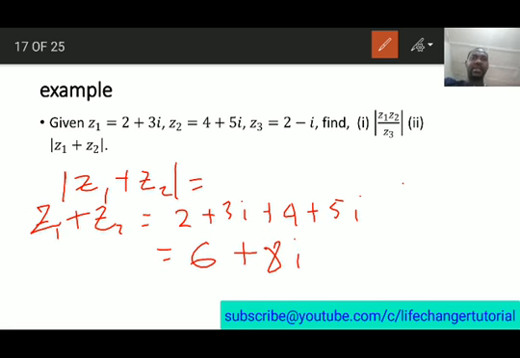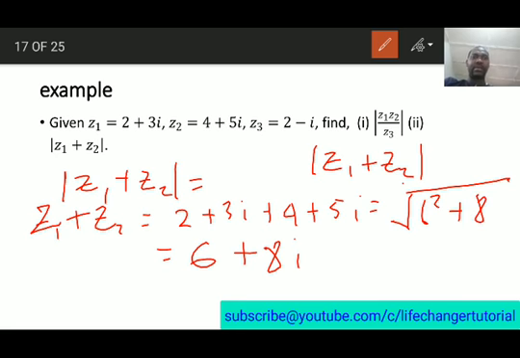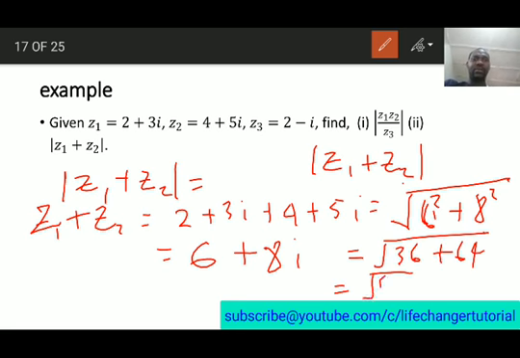So the absolute value of z1 plus z2 is the square root of 6 squared plus 8 squared, which is the square root of 36 plus 64. That is the square root of 100, which is equal to 10.